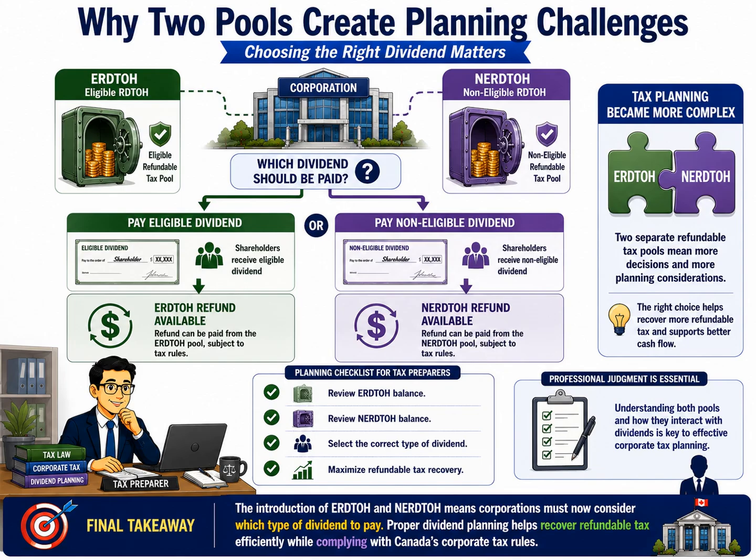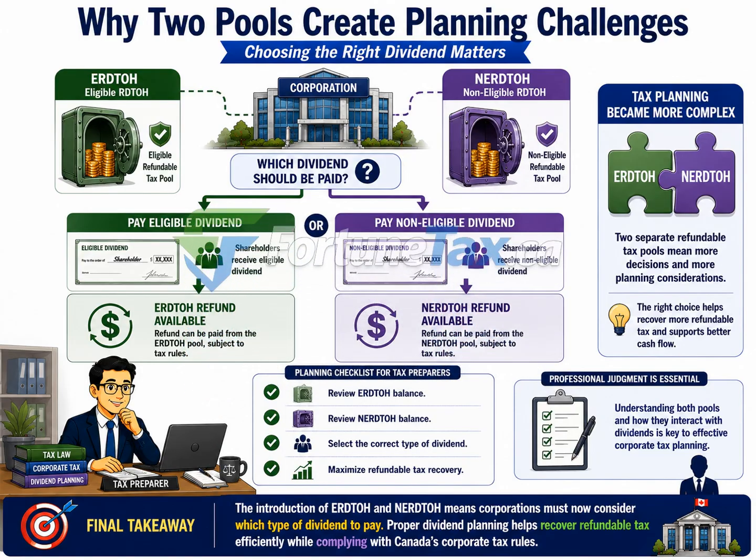A tax preparer can no longer recommend dividends based only on available profits or cash flow. They must also review the corporation's refundable tax accounts and understand how the proposed dividend will interact with each one. Before recommending a dividend, several questions should be considered. Does the corporation currently have an ERDTOH balance?